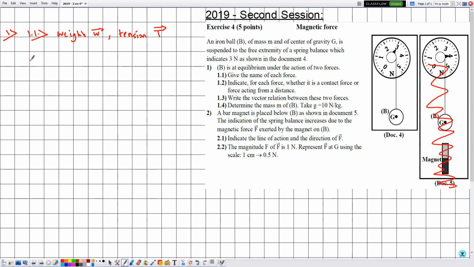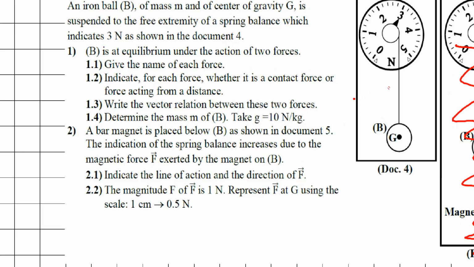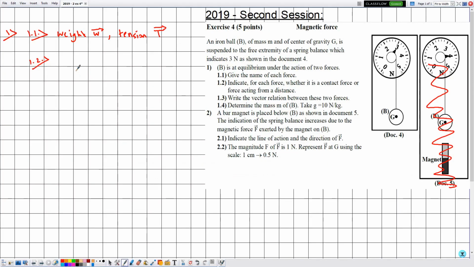Now in 1.2, they are telling me to indicate for each force whether it's a contact force or a force acting from a distance. Let's start with the weight W. We know that the only three forces that are classified as an action at a distance are the weight, the magnetic force and the electric force.